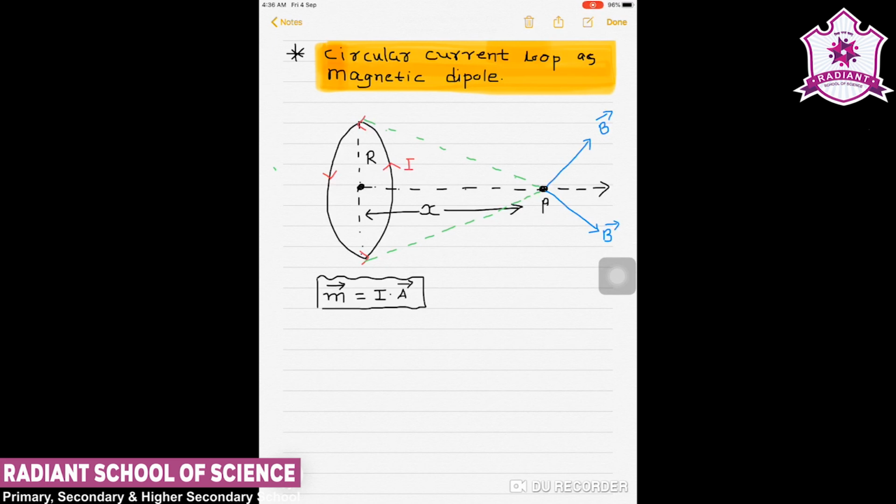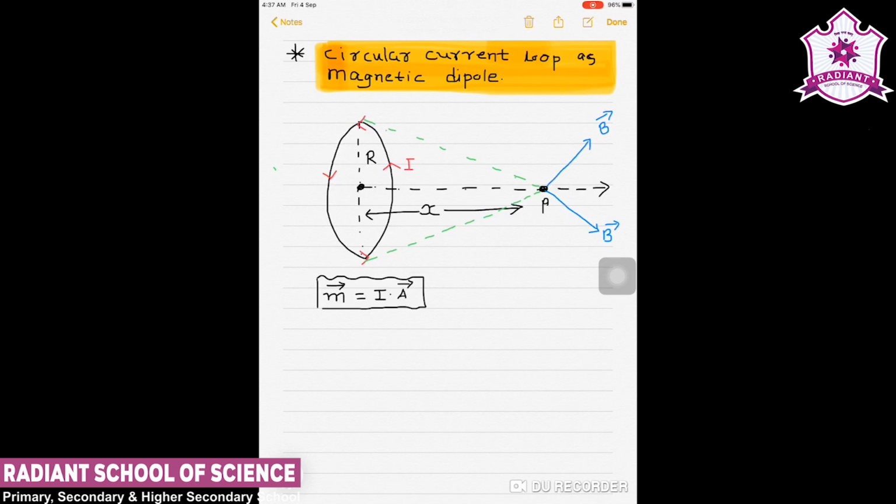Now before going to this, from the figure shown above, suppose a current carrying loop is given with radius capital R. Suppose current I is flowing through it in an anti-clockwise direction as shown with red color.